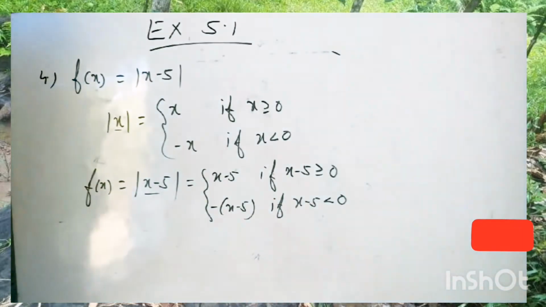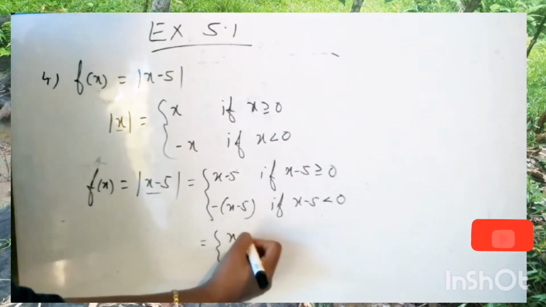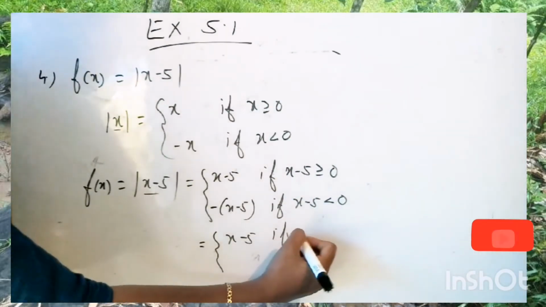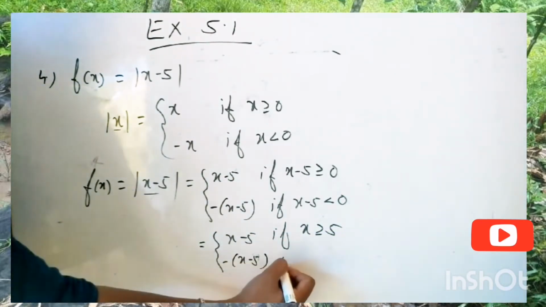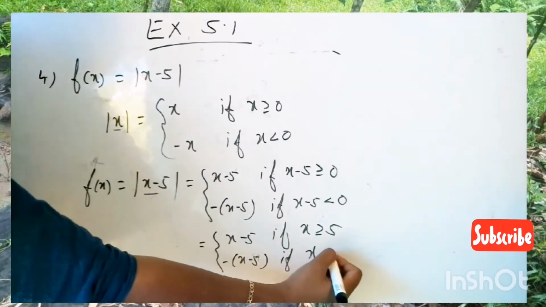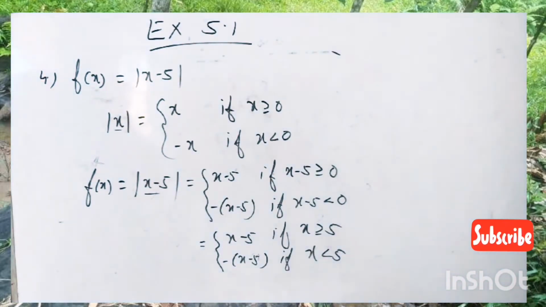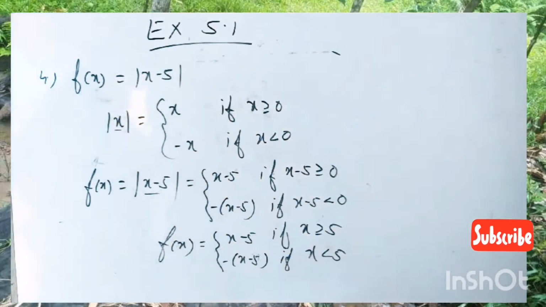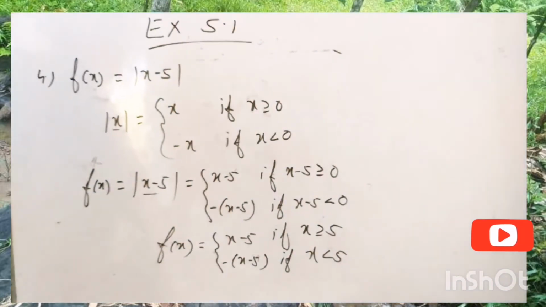We can rewrite this by taking the minus 5 to the other side, so it becomes plus 5: x greater than or equal to 5, and x less than 5. So actually our f of x is x minus 5 if x is greater than or equal to 5, minus of x minus 5 if x is less than 5. Now we will check the continuity.